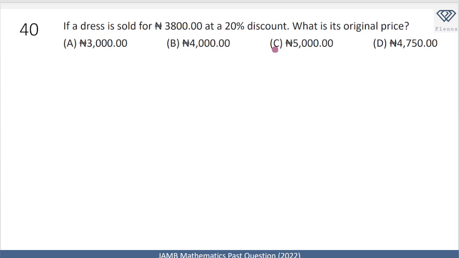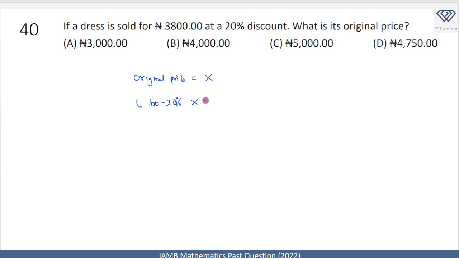So let's say the original price of the item is x. So let the original price be x. But what you did was get a 20% discount on this original price. So that means instead of paying 100% of x, you paid 100 minus 20% of x, because you got a 20% discount.